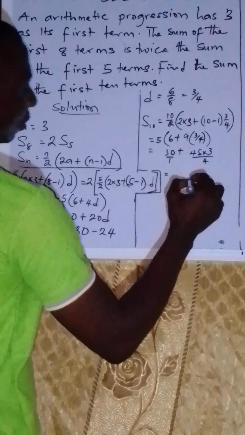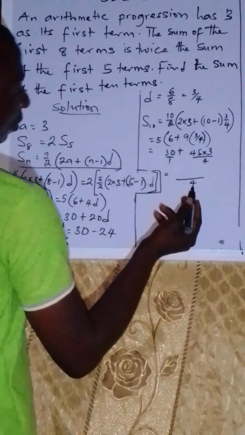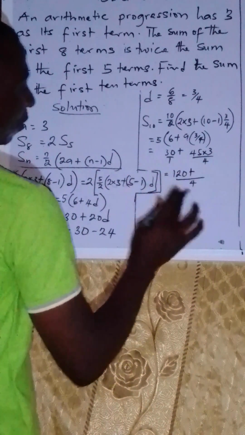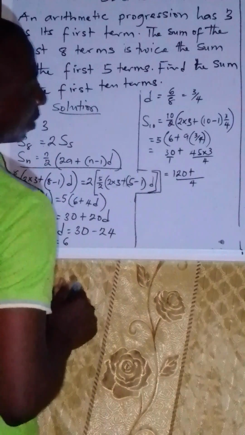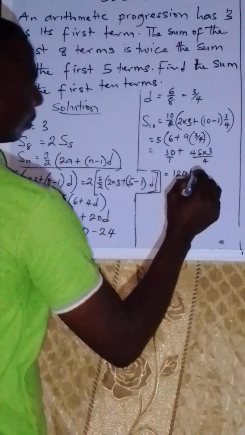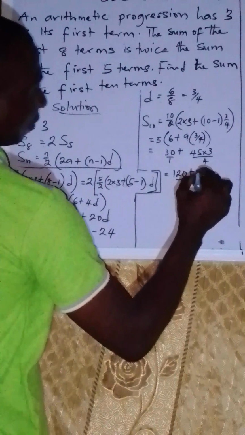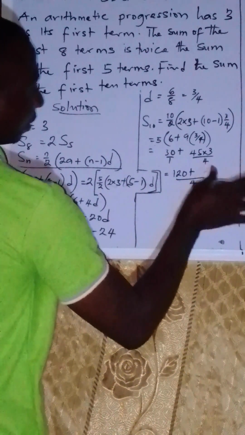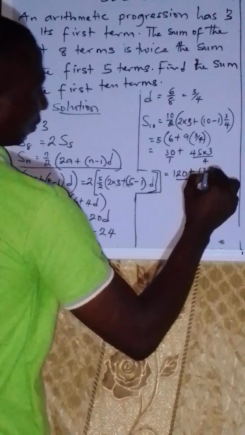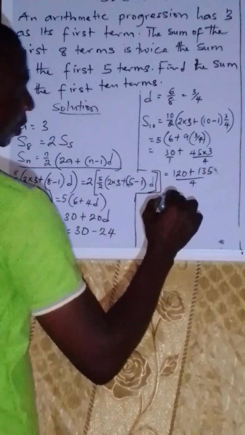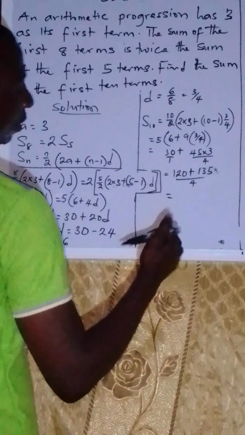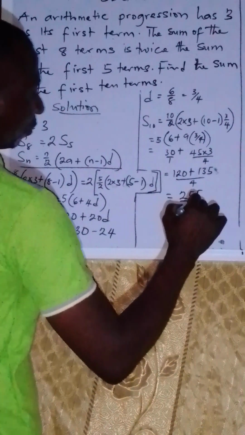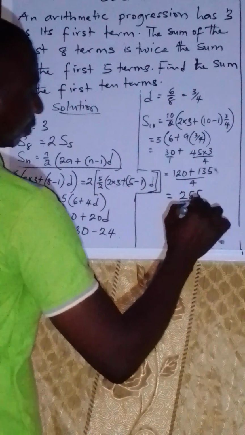The LCM here is 4. 1 goes in 4, 4 times 30 is 120, plus 4 goes in 4, 1, times 45 times 3, that's 135. Now add the numerators together, and that gives 255 over 4.